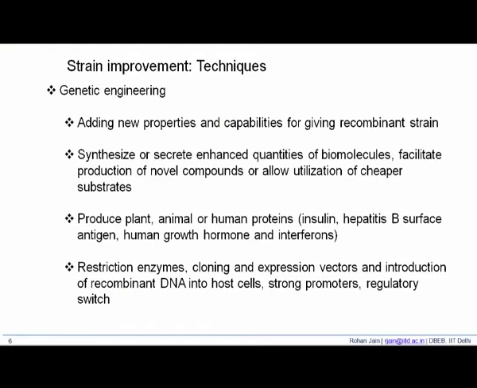As I said, it can facilitate production of novel compounds, ones not produced in the native organism ever, even in the smallest quantity. Or it is producing that, but using a very expensive substrate, for example very high quality glucose, and we want it to use a low quality substrate.